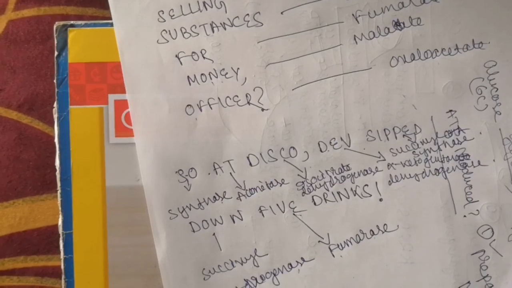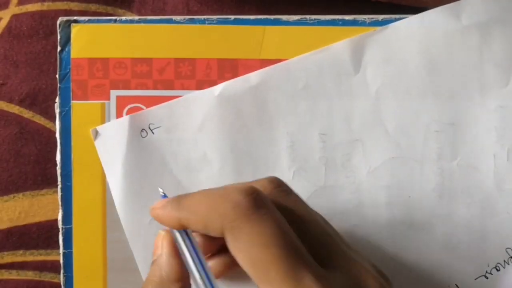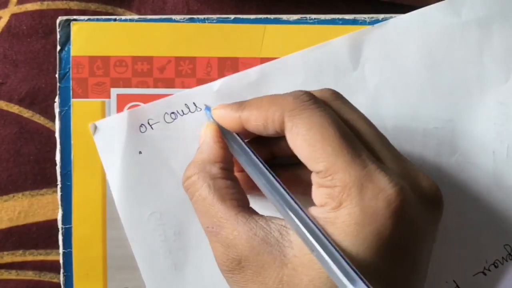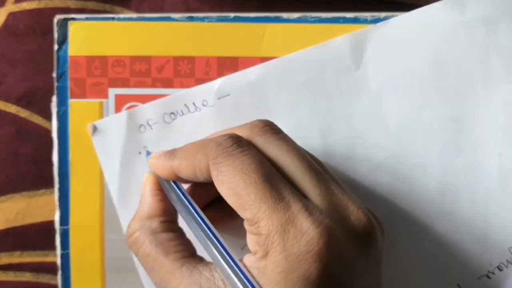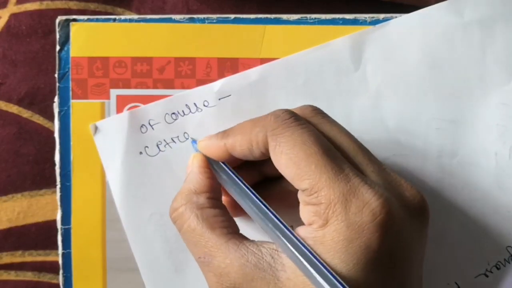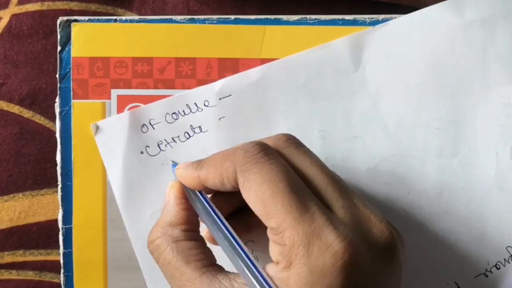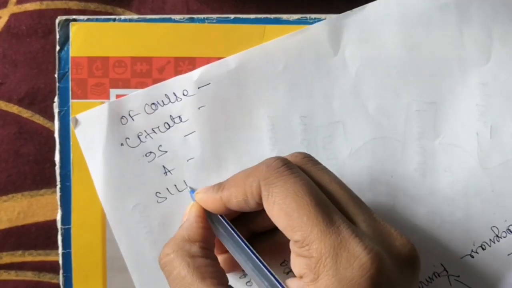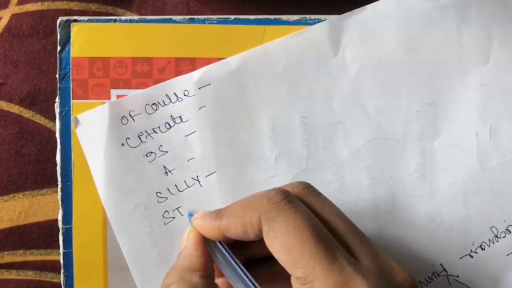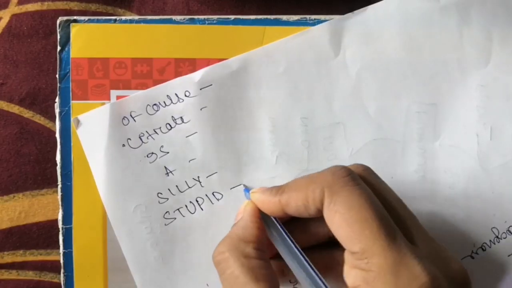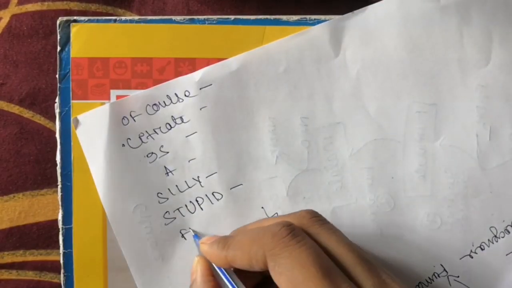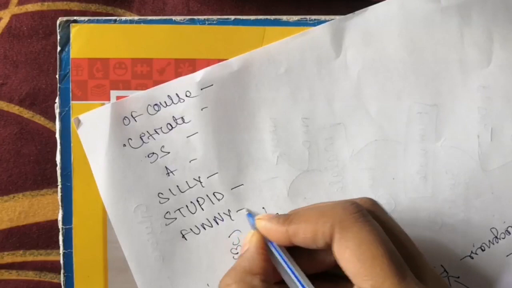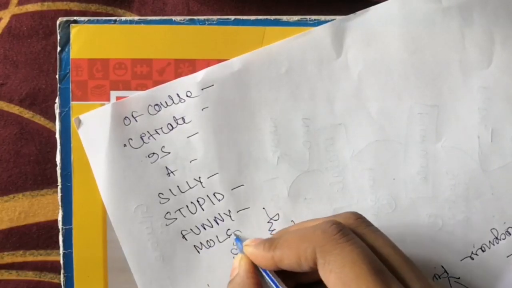So here is the next one: Of course citrate is a silly, stupid, funny molecule.